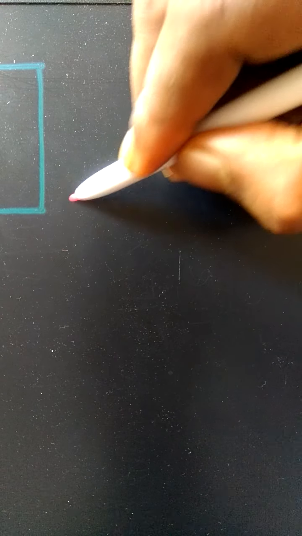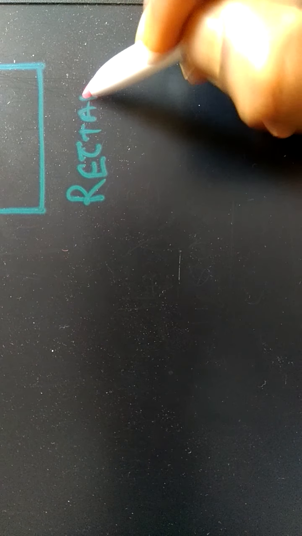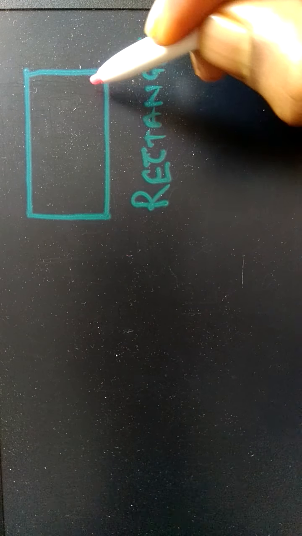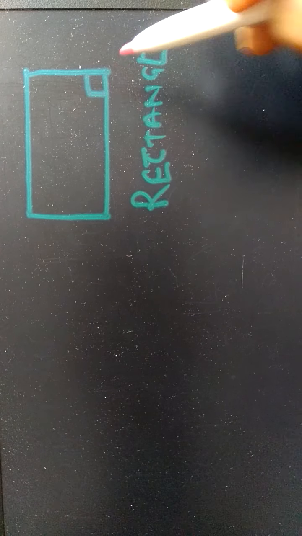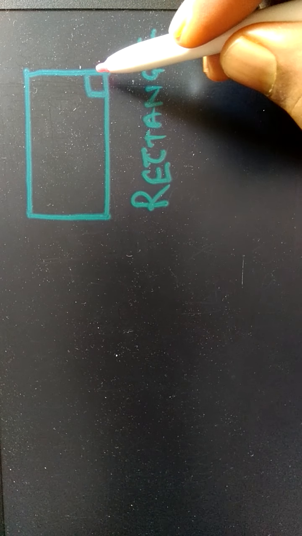So let us come to learn about the formulas in mensuration. This figure is known as a rectangle. If we are to calculate the area of the rectangle, then simply we multiply two perpendicular sides.